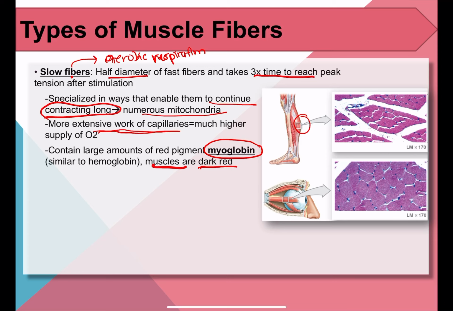Slow fibers are there for that long haul of aerobic metabolism to continuously provide ATP. For example, like I was talking about in the leg muscle that allows us to walk and run.